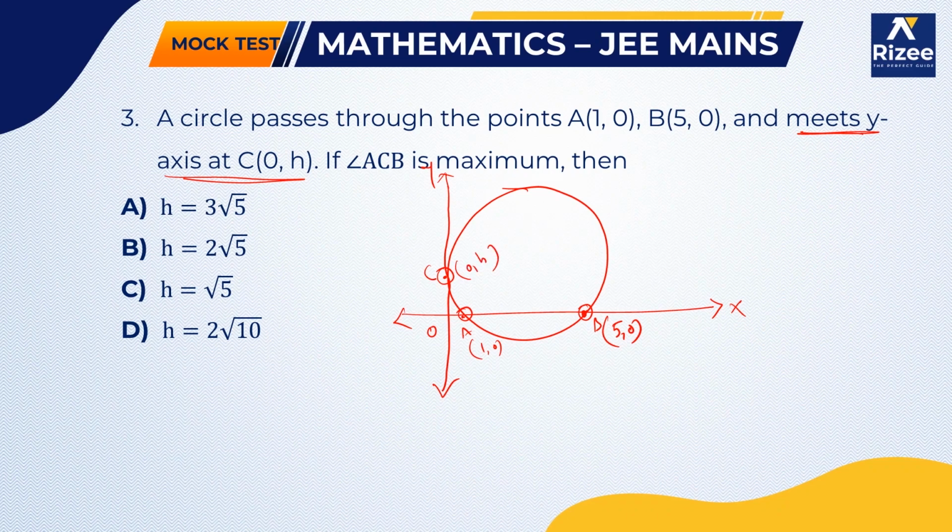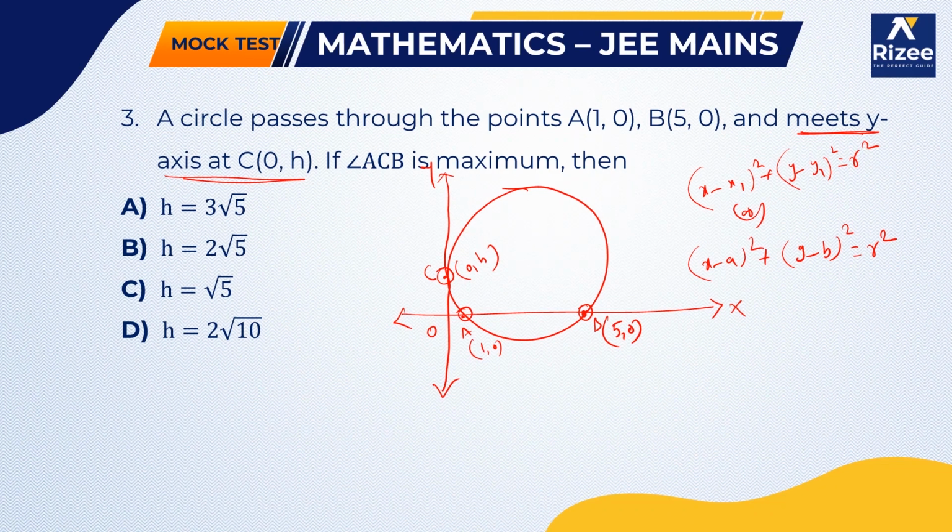What is the circle equation? (x minus x1) whole square plus (y minus y1) whole square is equal to r square, or (x minus a) whole square plus (y minus b) whole square is equal to r square. This is the circle equation.